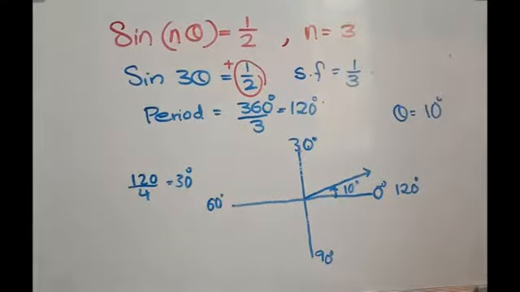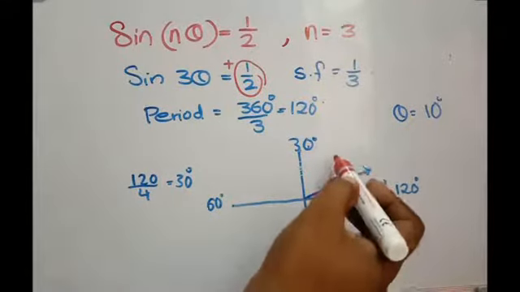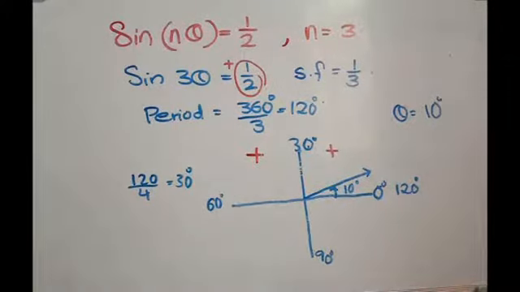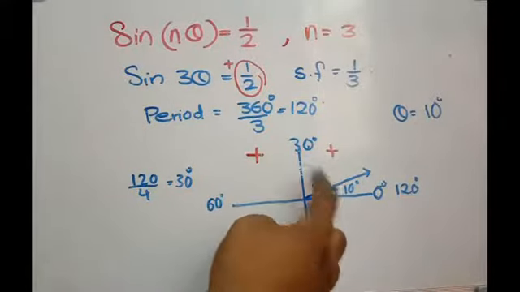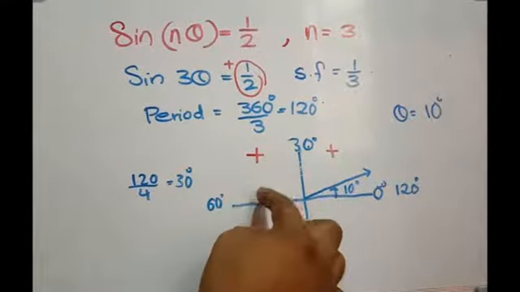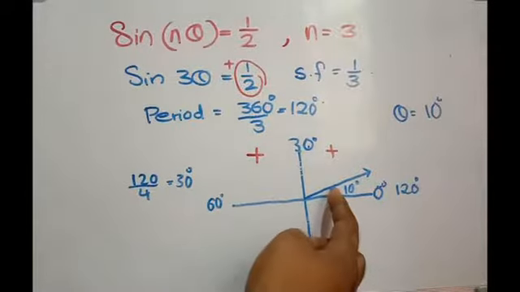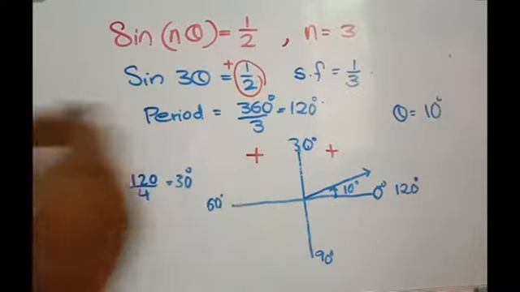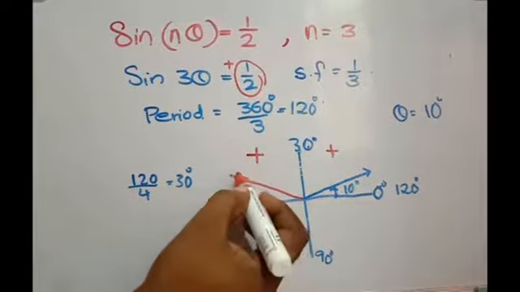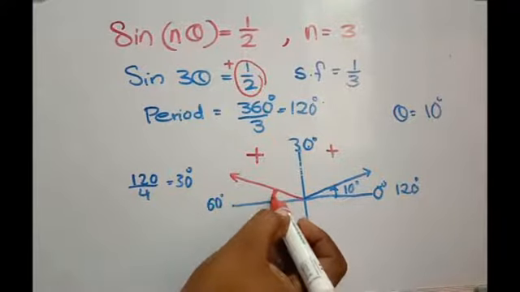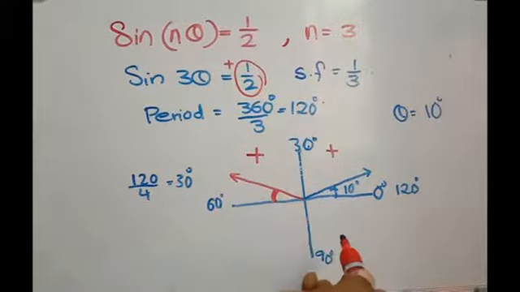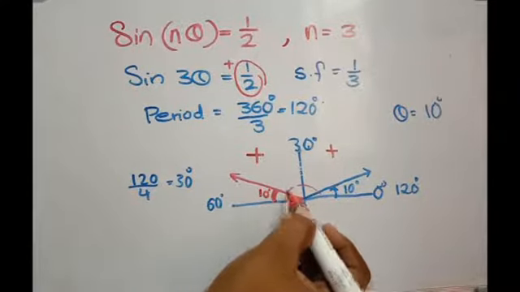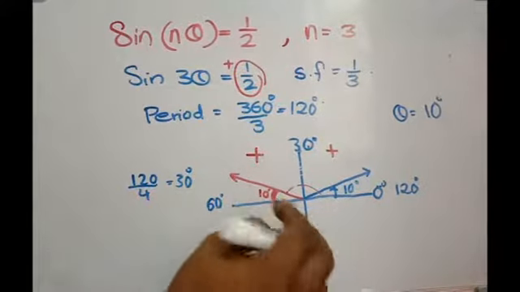That means our quadrants are the first quadrant and the second quadrant. So we need to concentrate on these corresponding values in the first and second quadrants. So already the first quadrant angle is 10 degrees. So what will be the second quadrant angle? When it is in the second quadrant, it comes here. This angle we want. This angle is 10 degrees. That means what will be this angle? 50 degrees, because 60 minus 10.